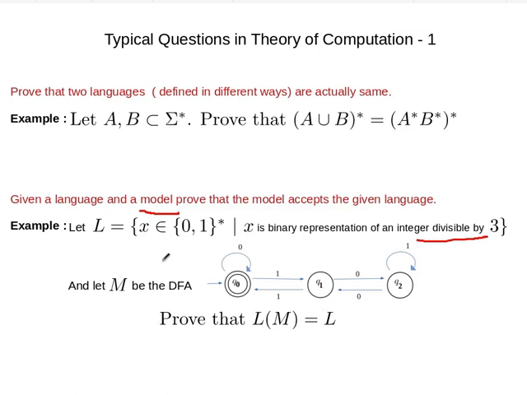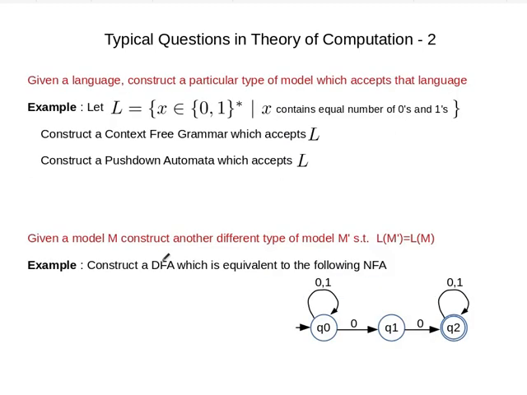So this sort of problem, where you will encounter a model and you will try to figure out the language it accepts, or the converse problem, where you will be given a language and asked to construct a model. For example, here this is the collection of all strings over zeros and ones such that the string contains an equal number of zeros and ones.